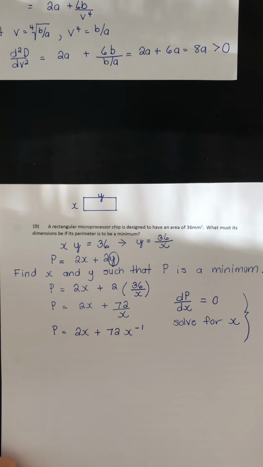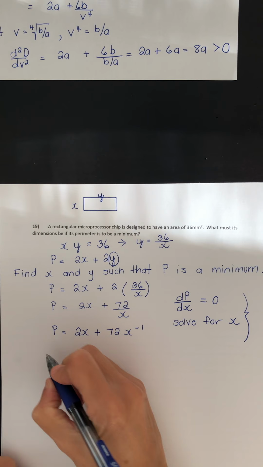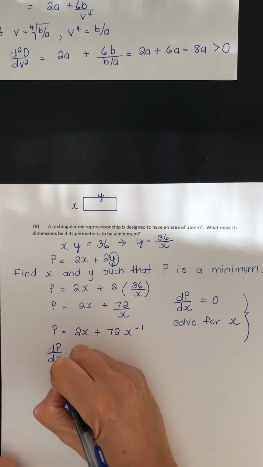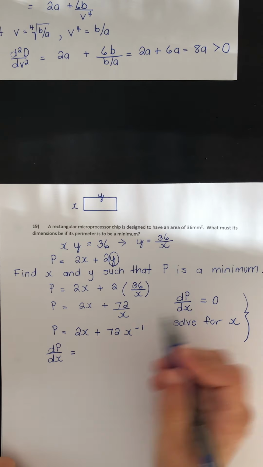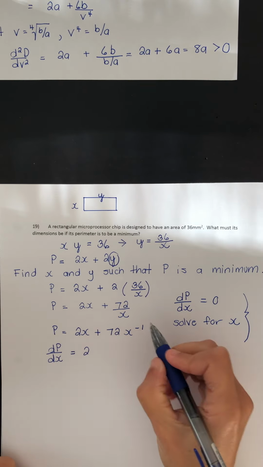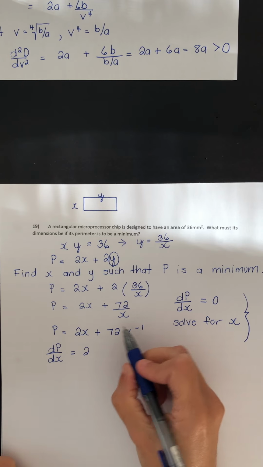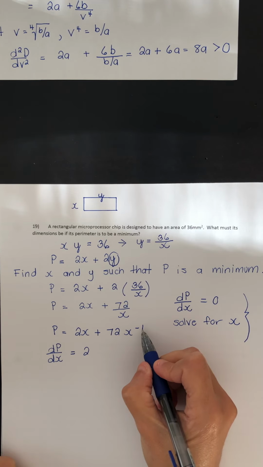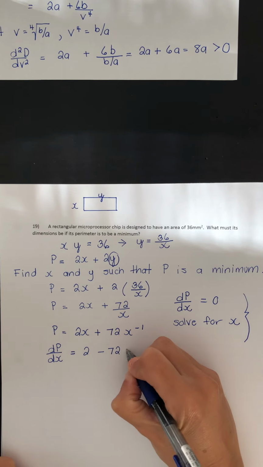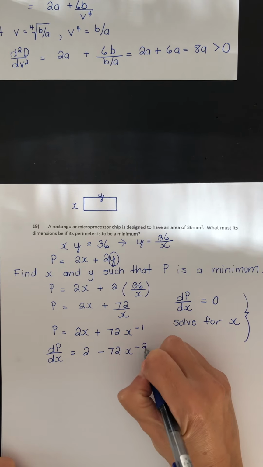Okay, so we rewrite it like this. And now we can do the derivative of perimeter with respect to x. Here the derivative will be 2, and then plus negative 72x to the negative 2.